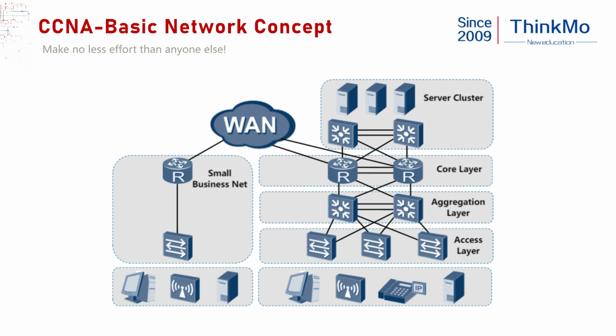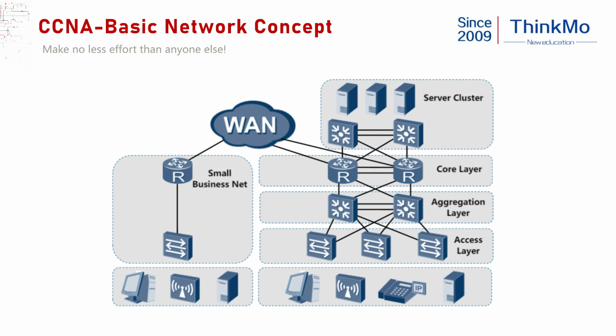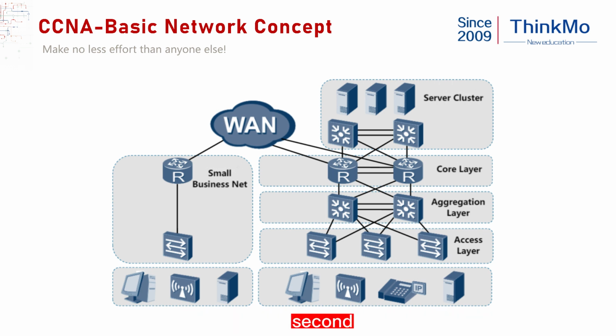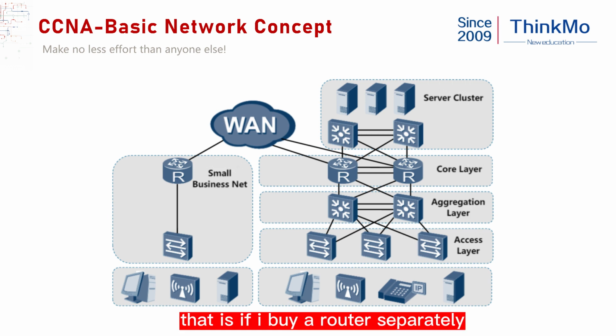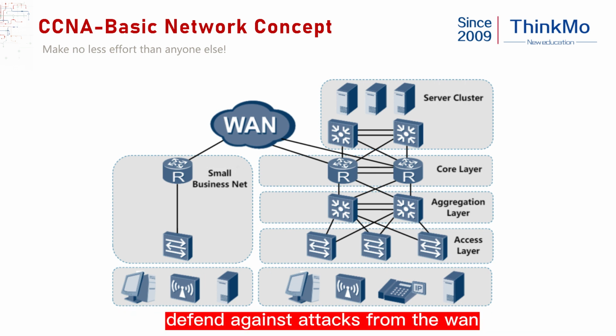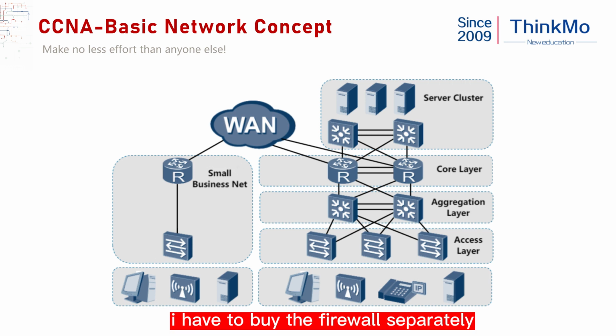The routing functions that enterprises need are basically supported by firewall devices. Second, it also provides security. If I buy a router separately, then to ensure some security of the intranet and defend against attacks from the WAN, I have to buy a firewall separately.